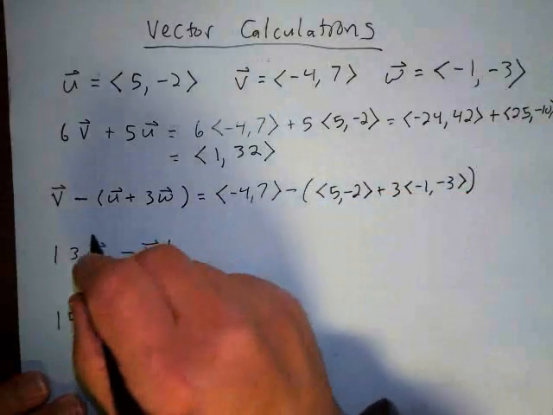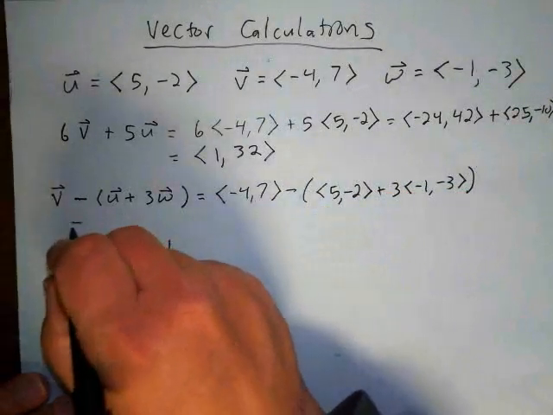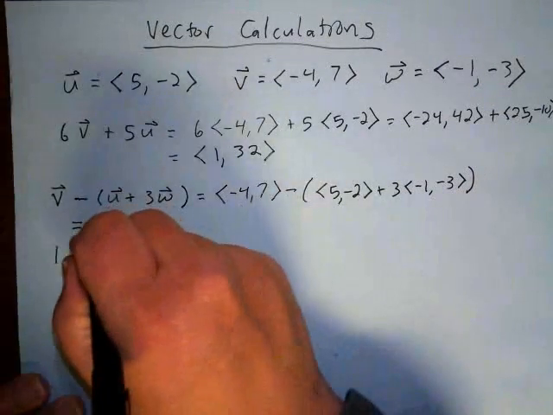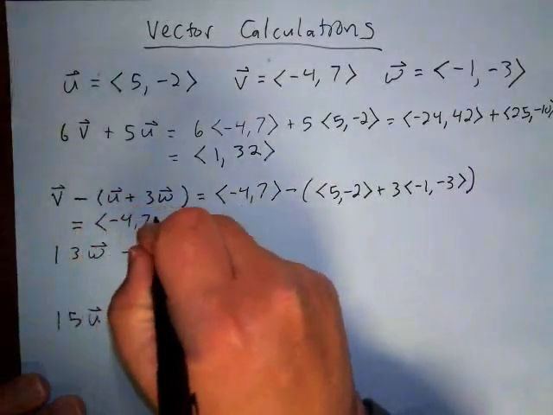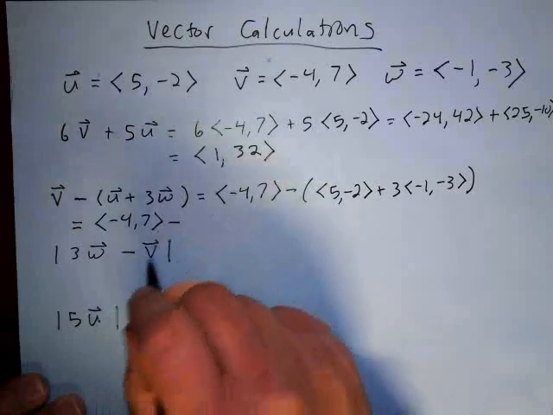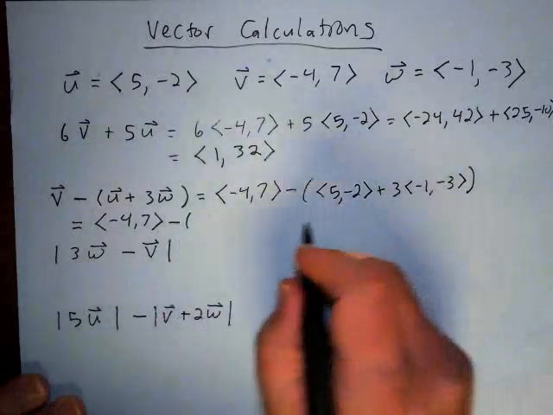So this will be (-4, 7) minus, and then I'm going to do the scalar multiplication.